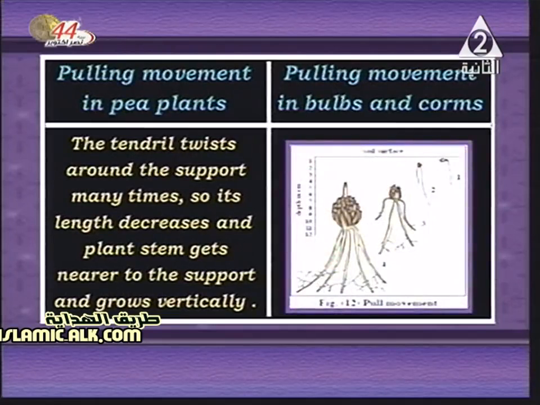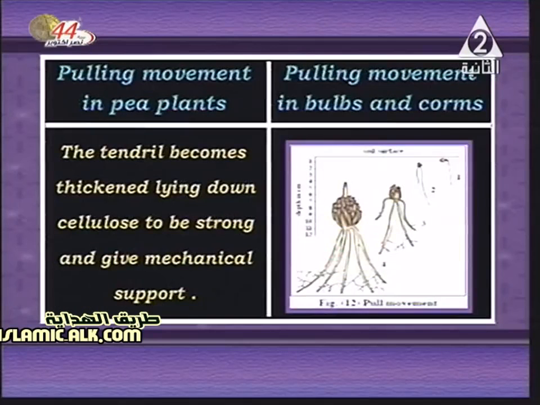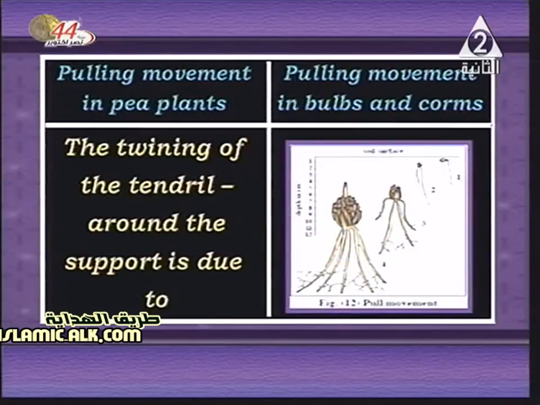This picture shows an example of the pulling movement in the case of bulbs and corms. After that, the tendril becomes thicker, laying down an appropriate amount of mechanical support like cellulose to be strong. As we said, the twisting of the tendril around the support many times is due to what?